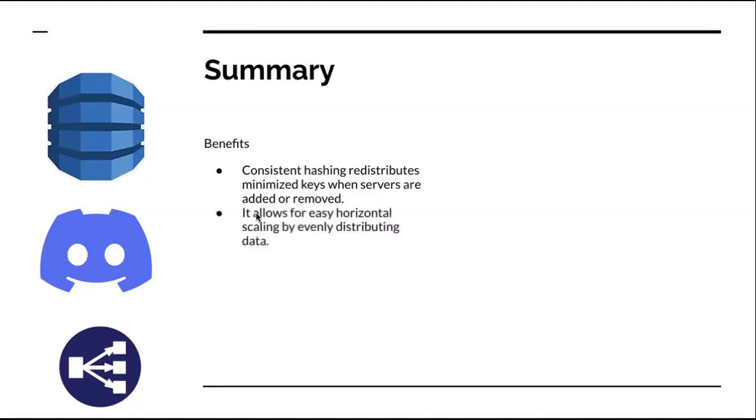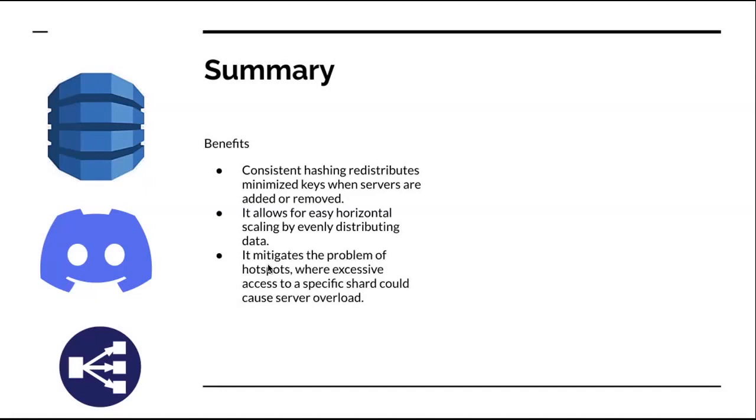The second benefit is that it allows for easy horizontal scaling by evenly distributing the data. And then it mitigates the problem of hotspots, where excessive access to a specific shard could cause server overload. These hotspots generally happen because of the celebrity problem. Suppose a few shards have the data of the most prominent persons, for example on a social network like Twitter.